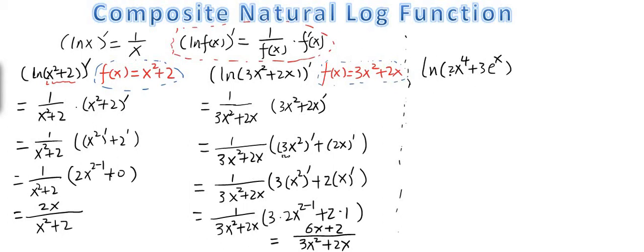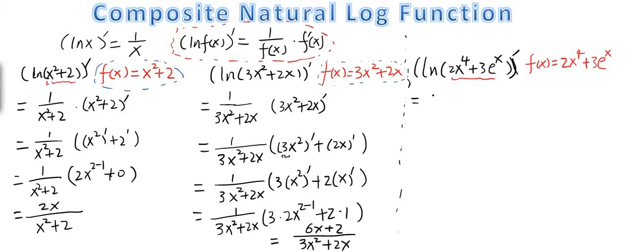For this one, f(x) is 2x to the power 4 plus 3 times e to the power x. Now we're gonna follow the formula to calculate the derivative.